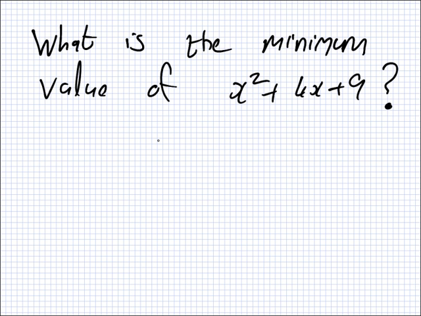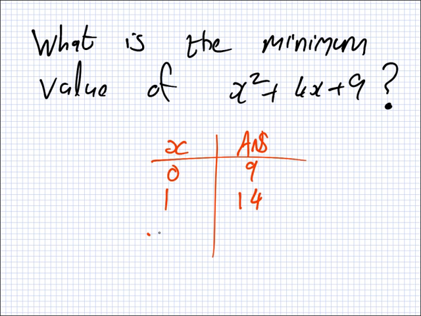So you don't have to write this piece in red down, okay? But just for example, if I was to put in x is 0, what would this be? This would be 9. If I put in x is 1, what do I get? 14, isn't it? And if I put in minus 1, what do I get? That would be 5. No, 6. Isn't it? 6.